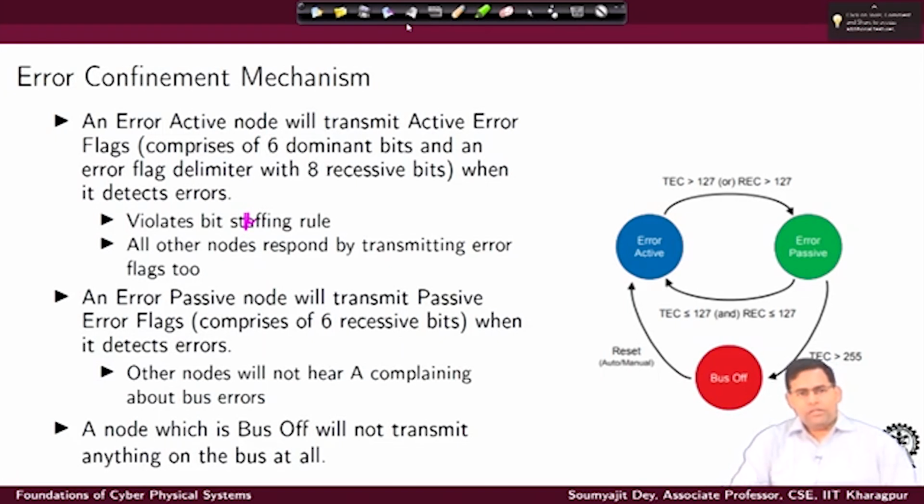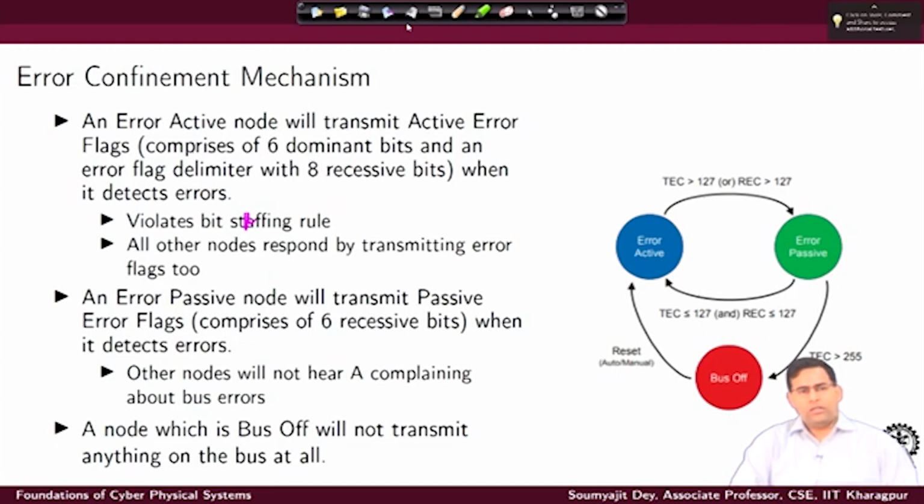And in the error passive mode, they will transmit the passive error flag. As you can see, whether I am in the active mode or in the passive mode is represented by what kind of error flag I am sending. In the error active mode, I am sending 6 dominant and 8 recessive bits, and in the error passive mode, I am sending 6 recessive bits instead of 8, right?